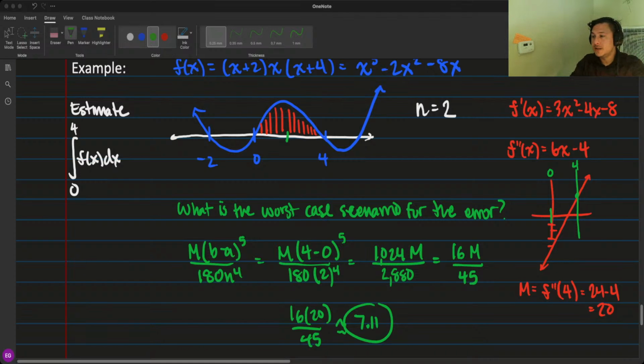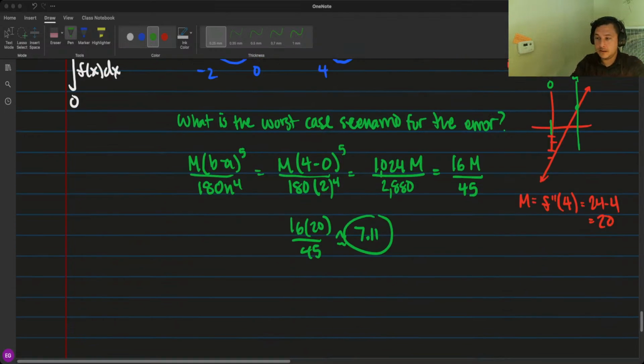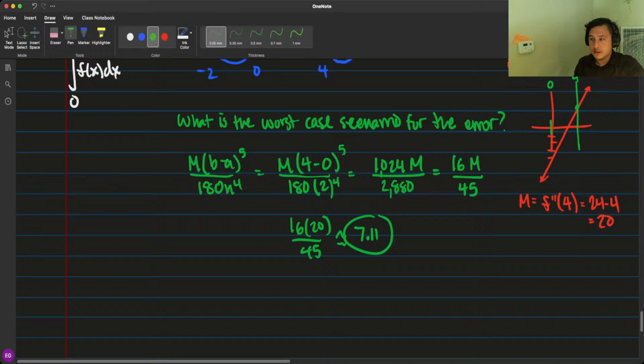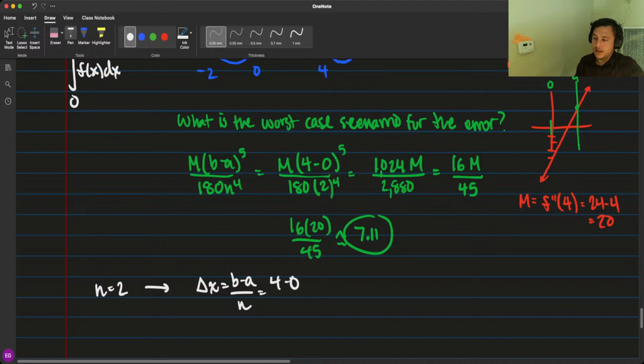Okay, so now we're going to estimate using Simpson's rule. So n is going to be equal to 2, which means our delta x is going to be b minus a over n. Our b is 4, our a is 0, our n is 2.